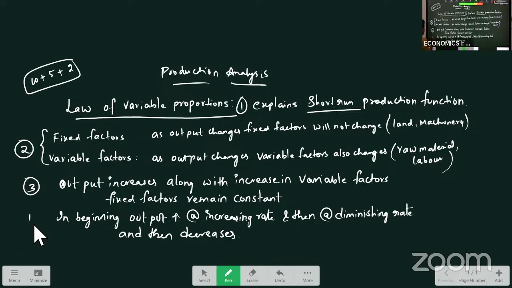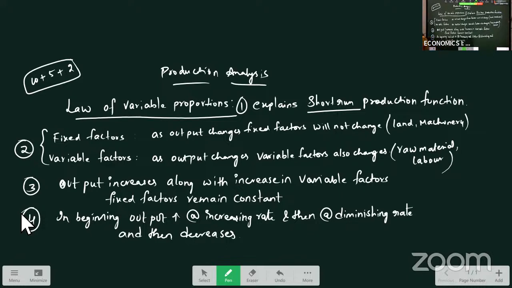Now your fourth point is what the law is explaining. In the beginning, as variable factors are increased, output increases at an increasing rate, then at a diminishing rate, and then output decreases. It means as we continuously increase our variable factors, this situation will arise.